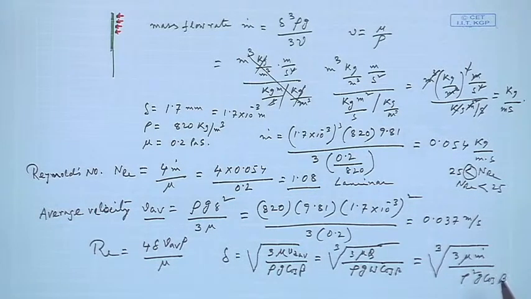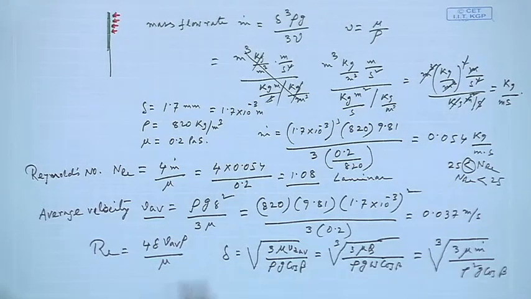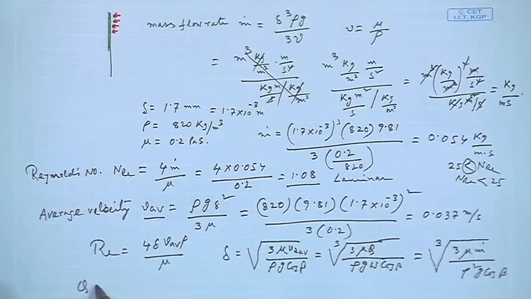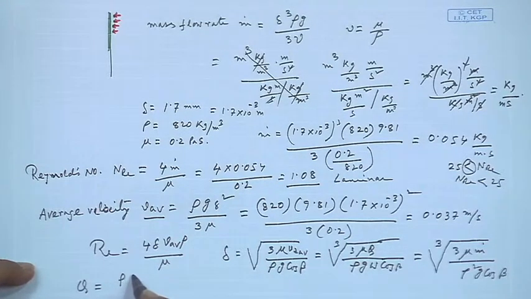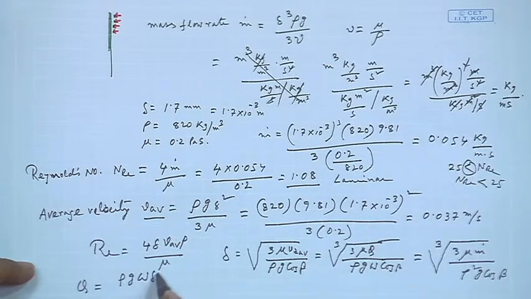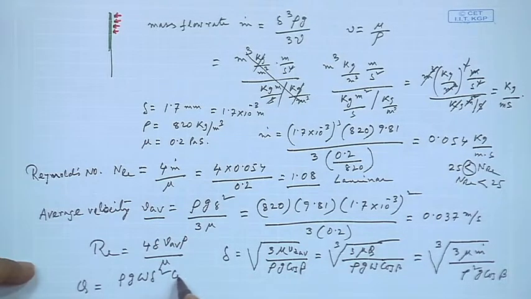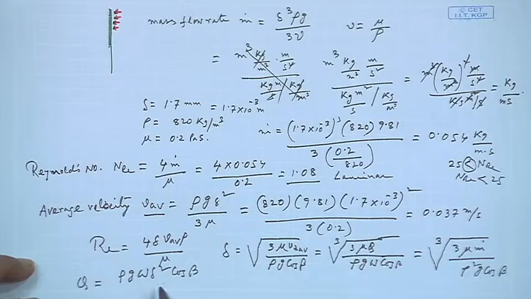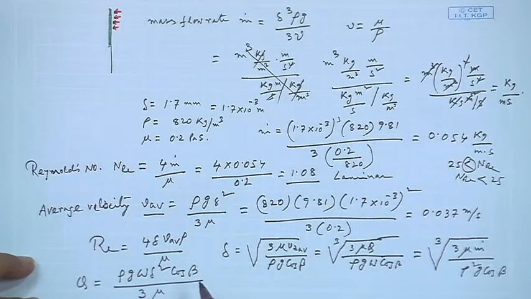And q was also given as rho g w del square cos beta by 3 mu.